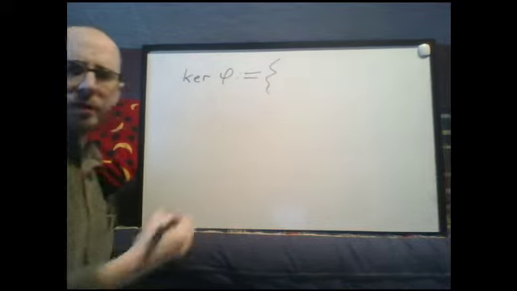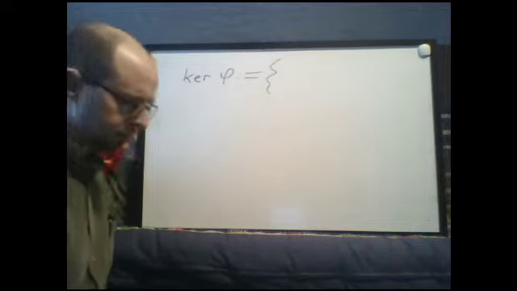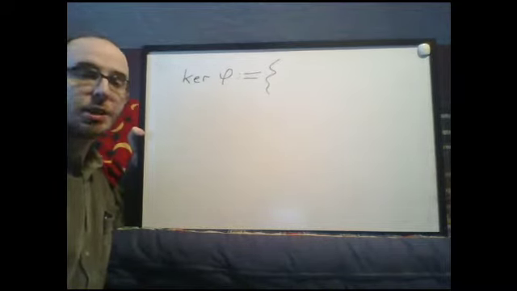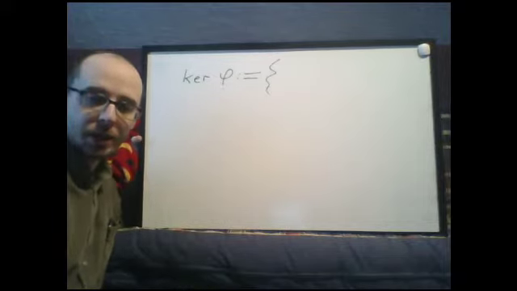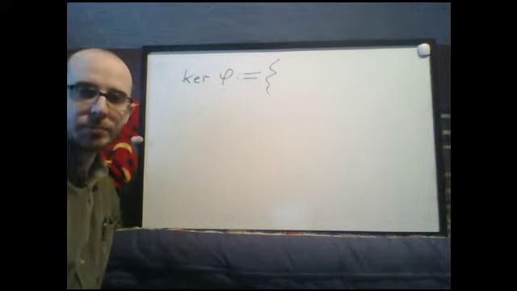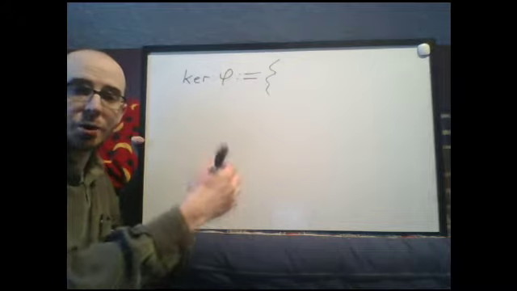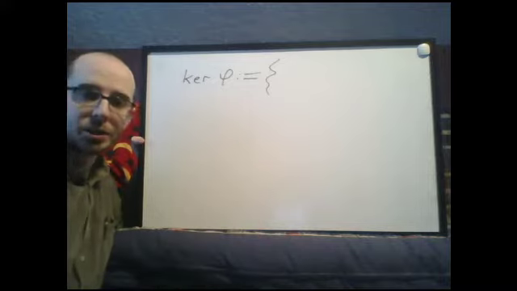It's the same phi from the previous board, a function from R to S. The kernel, just like in the group homomorphism definition, is the set of things in the domain that get sent to the trivial element.